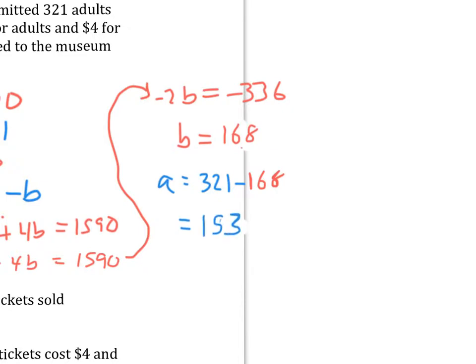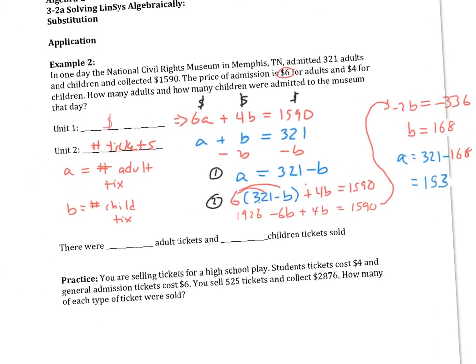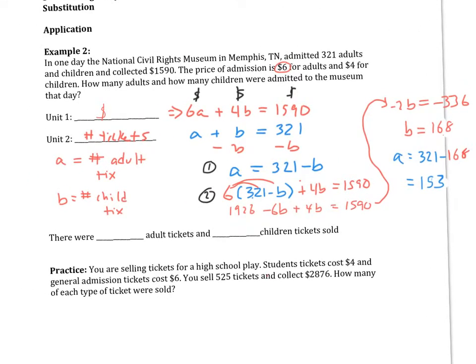Good. Now notice that if we were to consider what our answers are going to be, since we're talking about the number of people that were admitted, we're not going to get 2.5 children. We're not going to get 4 and 1/10 of a kid or something like that. We're always going to get whole numbers. In fact, we're not going to get any negative numbers because you can't have negative children or negative adults.